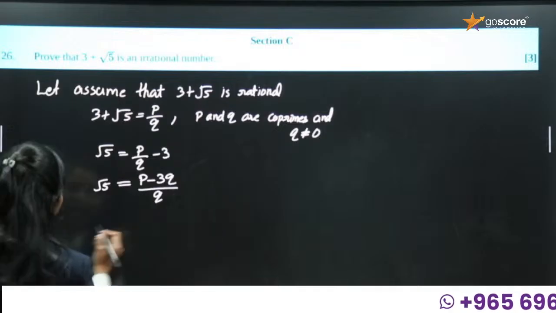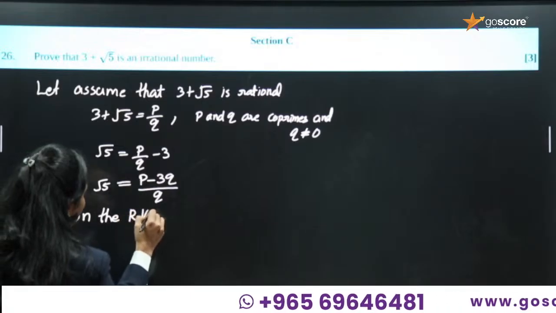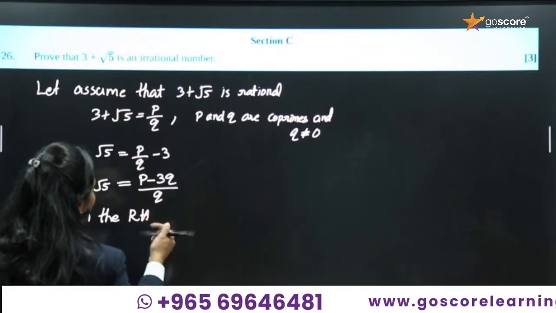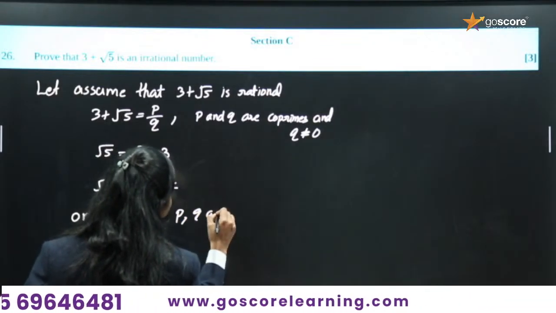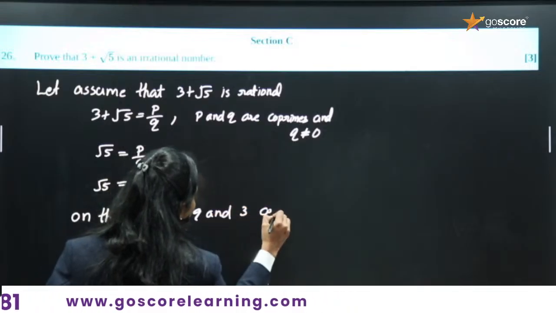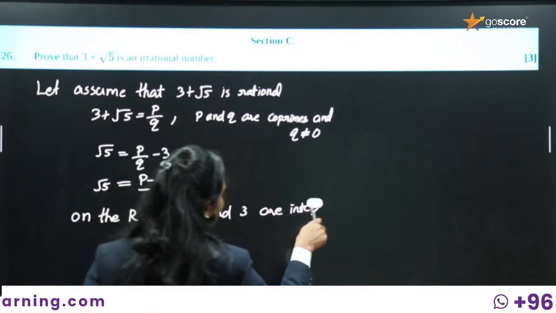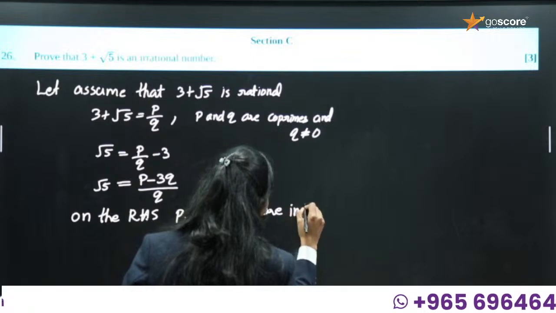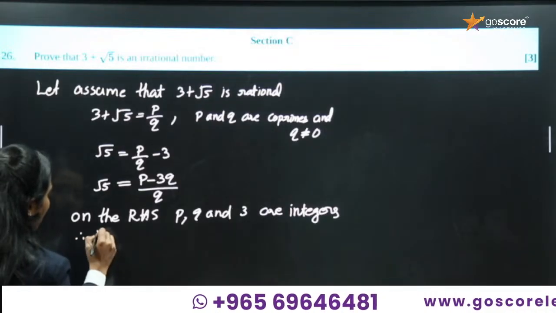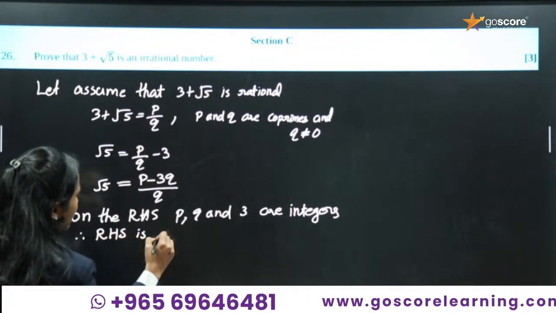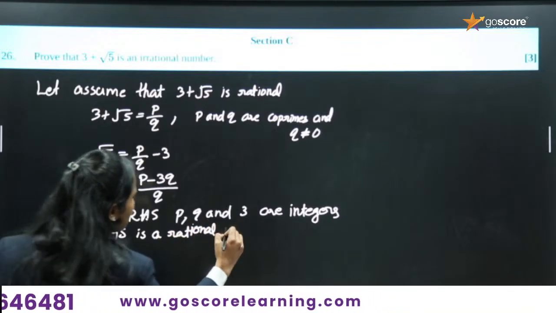So we will write: on the RHS, p, q and 3 are integers. Therefore, RHS is a rational number.